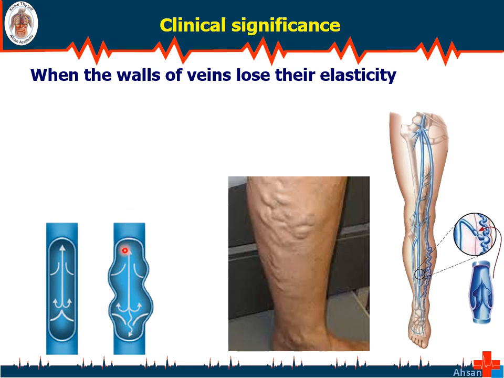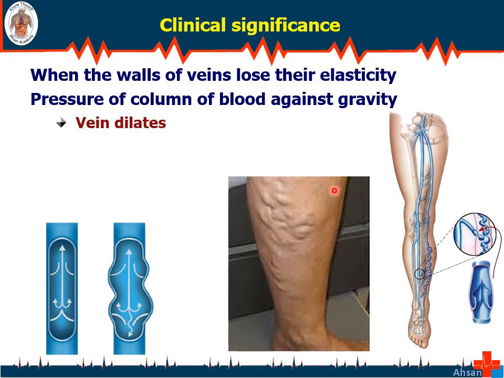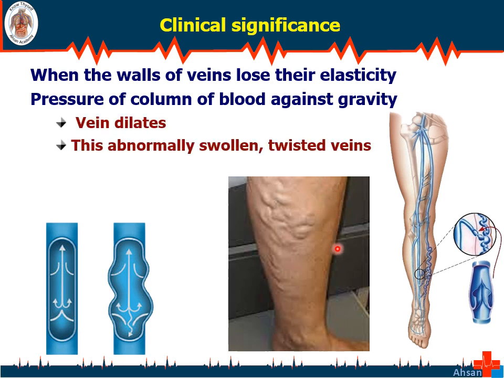This tortuosity and dilatation of the vein is known as varicose vein. This condition is observed in persons who remain standing for a longer time and in elderly persons. So a varicose vein can be defined as abnormal dilatation and tortuosity of the vein. This usually occurs in the superficial vein, but it can occur anywhere, even in the deep veins.